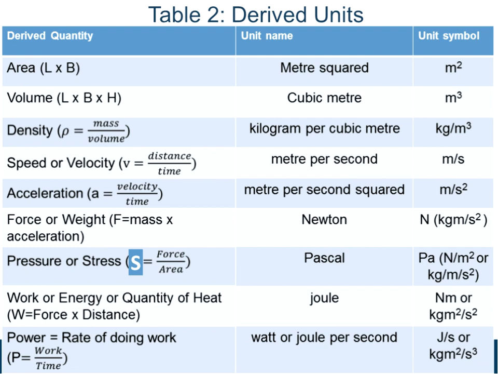Now, velocity or speed is given as distance over time. We know that our distance is measured in meter and our time is measured in seconds. So the unit of velocity or speed will be meter per second. Now, acceleration equals velocity over time.